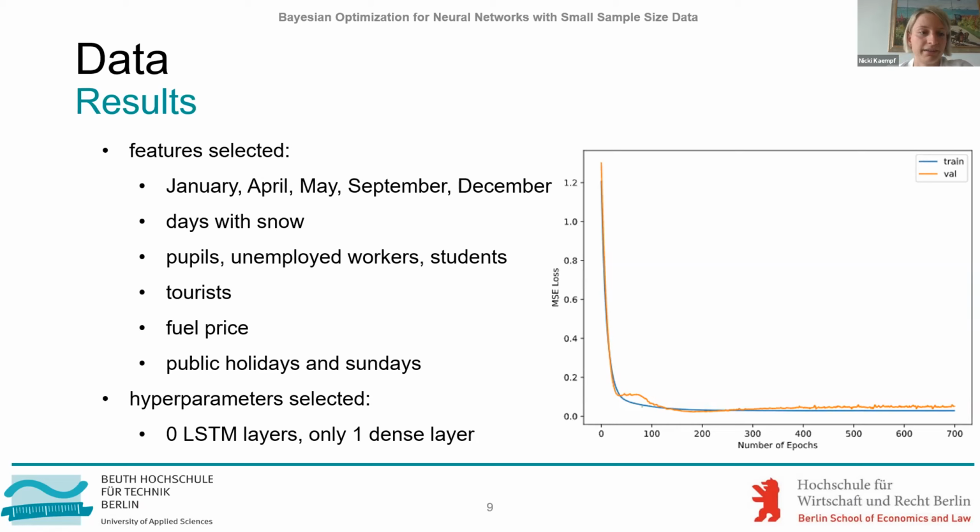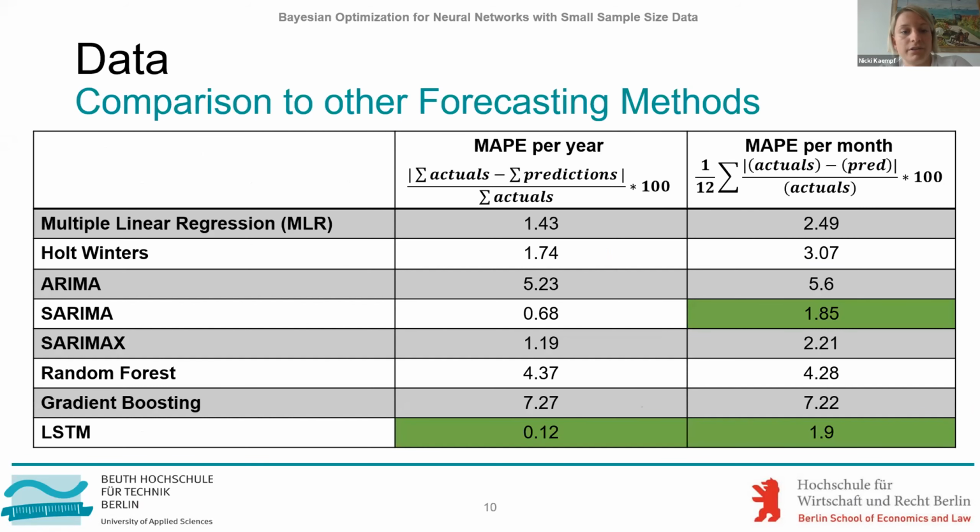And I think now we are all waiting for the results, the forecasting results. So let me first say a few words about our forecast metrics. It's the MAPE. One is the MAPE per year and the other is the MAPE per month. Why the MAPE? It's because the accountants of the BVG have chosen it because it's interpretable.